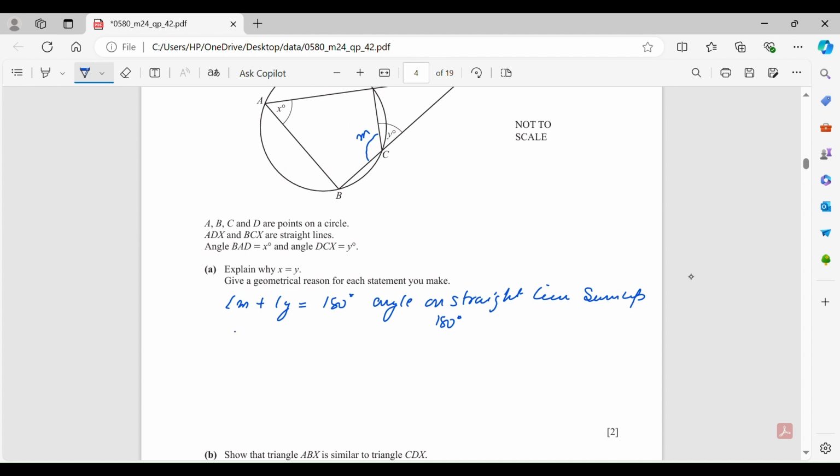Angle m plus angle x will also be equal to 180 degrees by cyclic quadrilateral.